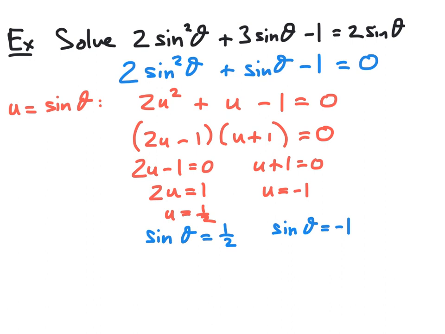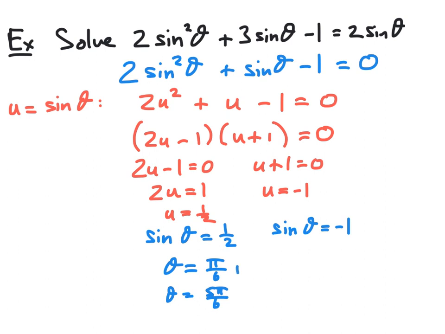And so here we know for sine theta equals 1/2, we get theta is pi over 6, as well as theta being 5 pi over 6. These are our two angles between 0 and 2 pi, whose sine is 1/2.